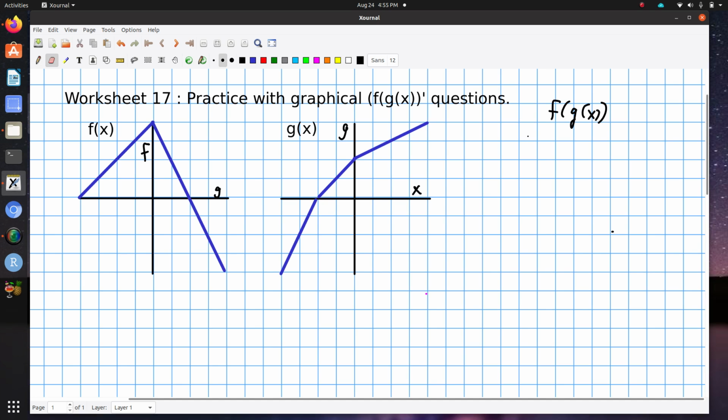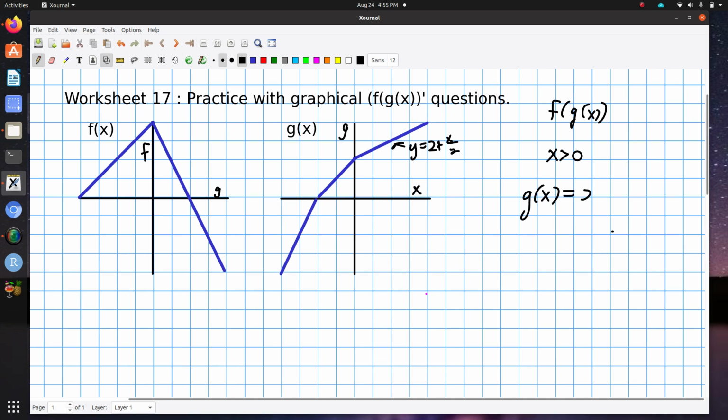So we have a region for f of g of x where x is positive. So x is greater than 0, then g of x is equal to what? Well, we know what this function is. This part right here is going to be y equals 2 plus x over 2, right?